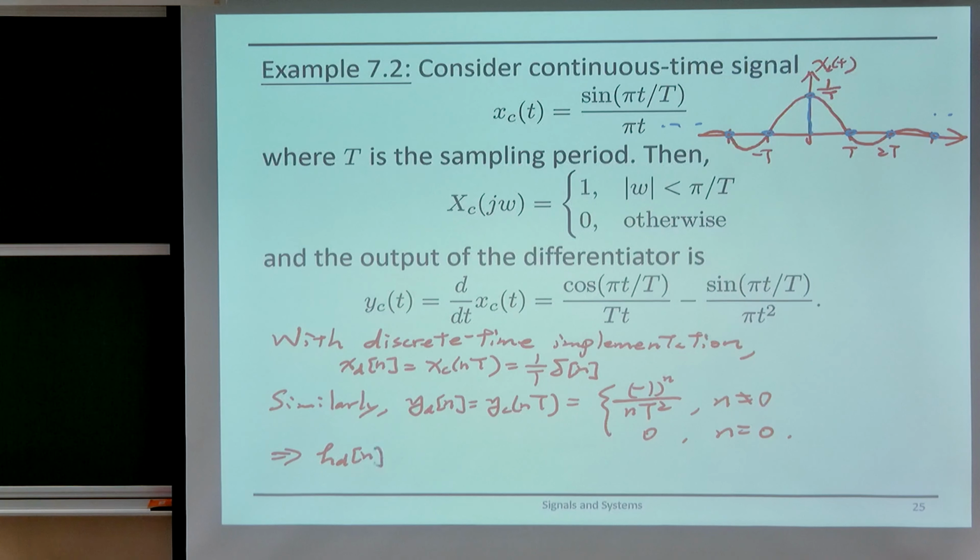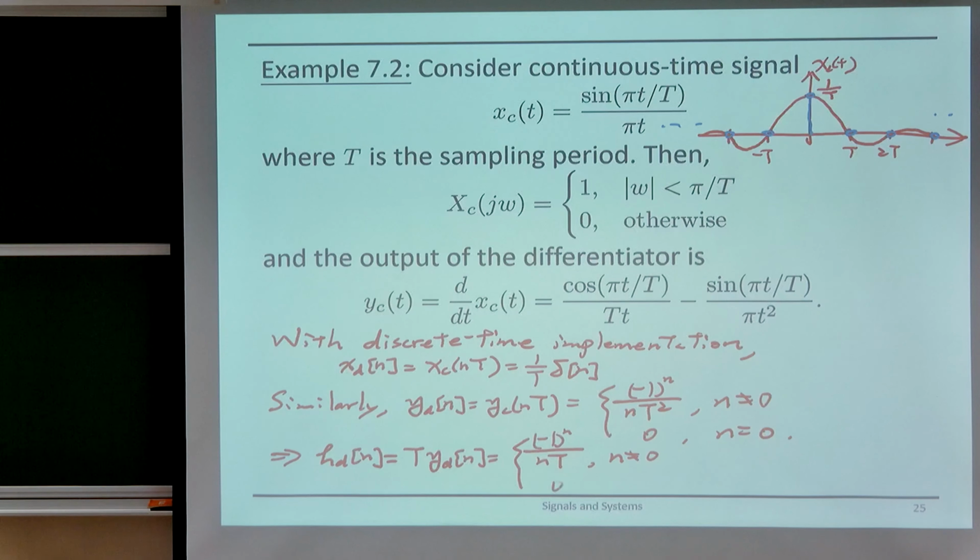So the impulse response h[n] here is just T times y[n], which is minus 1 to the power n, and T for n not equal to 0, and 0 for n equal to 0.